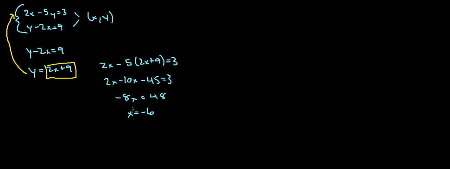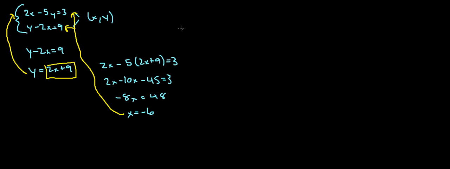Now what I do is I take this x and put it into either the first one or the second one. It does not matter because where they intersect is at one point. Both of these lines have the same point as the solution. So it does not matter which I put it back into. I'll just pick the first one again because they're smaller numbers. I don't have to multiply it.